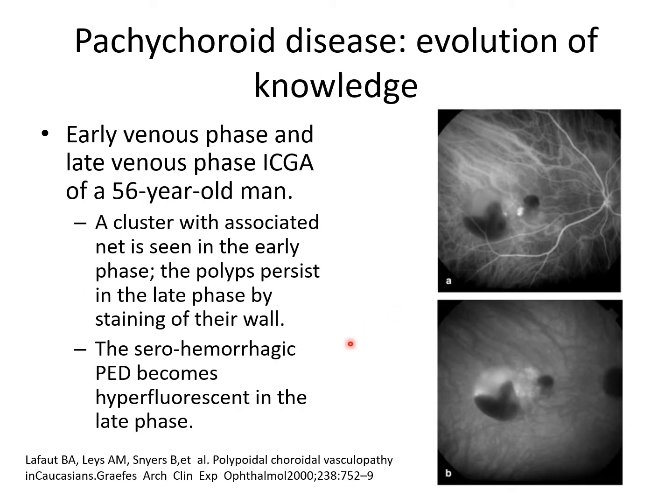So this is one patient in which there is a PCV, and we can see that this is an ICG angiography, and it shows a serosanguinous cavity partially filled with blood, and partially there's a serous detachment of retina, and there's a polyp here plus some leakage and abnormal vascular network at the posterior pole in the choroid.